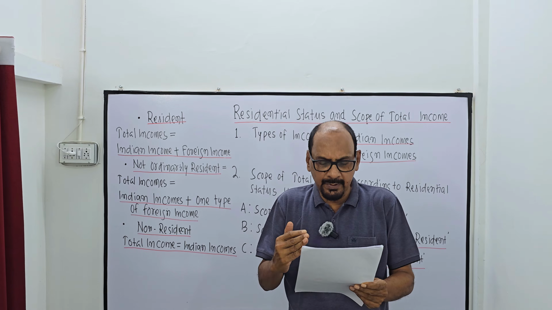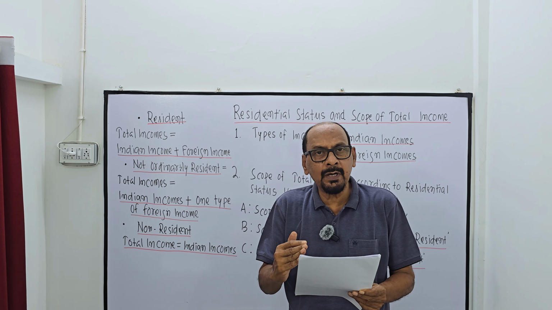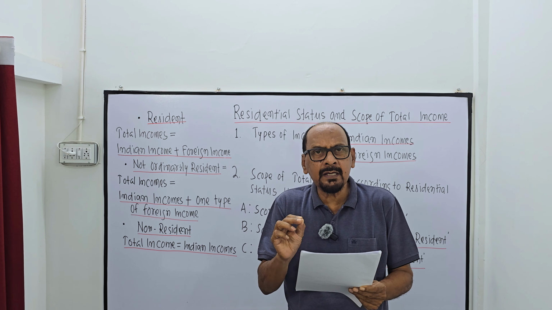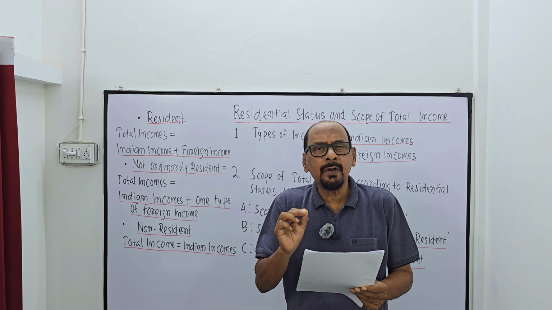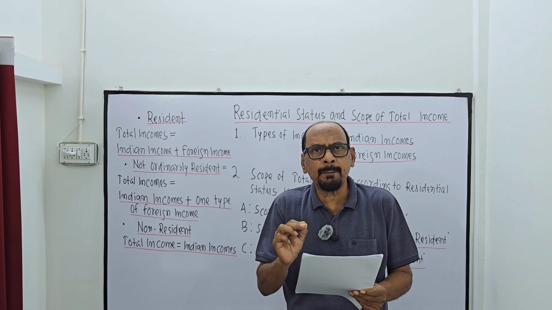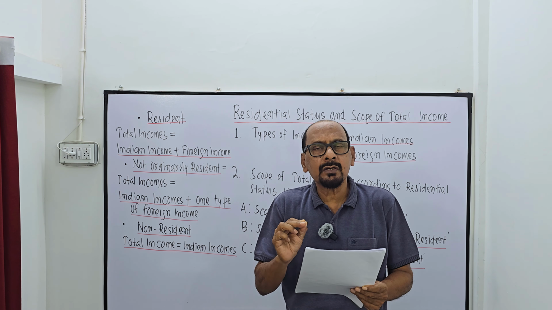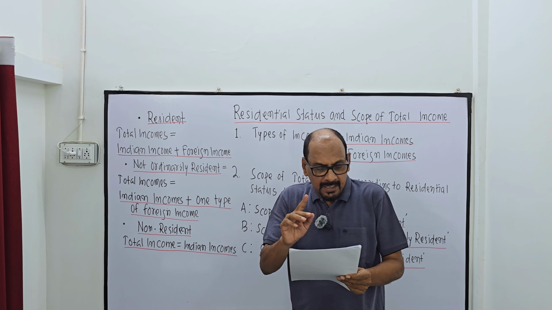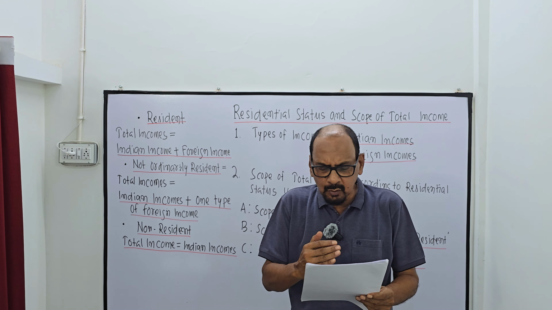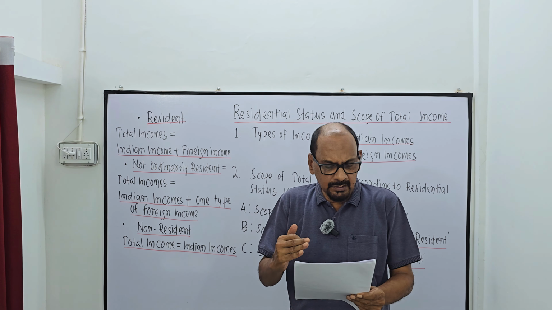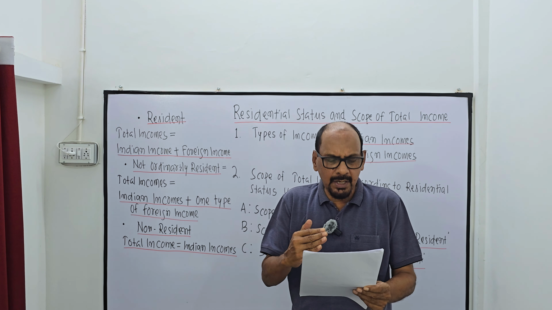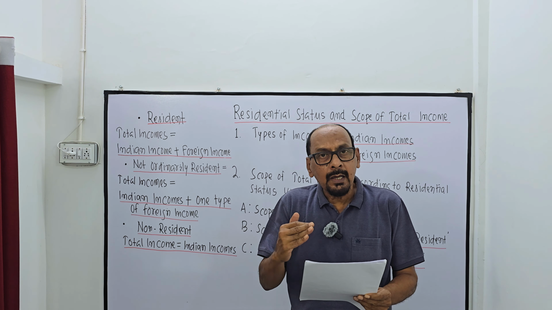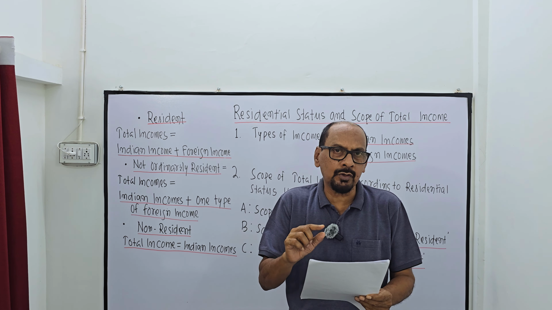The date and place of accrual is immaterial. I am explaining the scope of total income if the residential status of a person is non-resident. This is the first category of income.